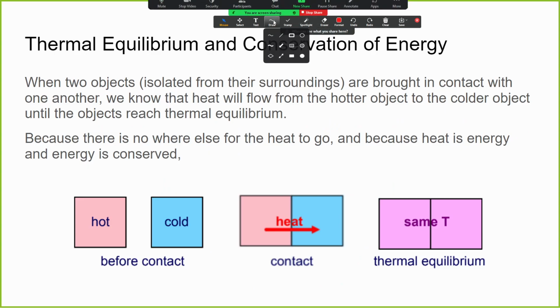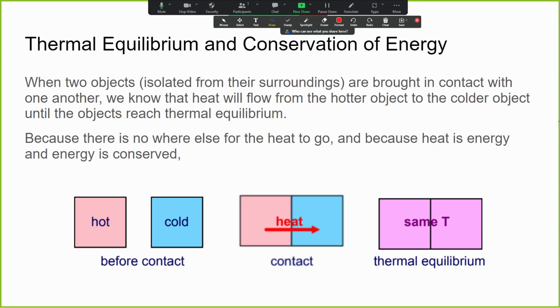Okay, so if we think about this in terms of conservation of energy, when two objects are isolated from their surroundings and then brought into contact with one another, once again, we know that heat is going to flow from the hotter object to the colder object until those objects reach thermal equilibrium.